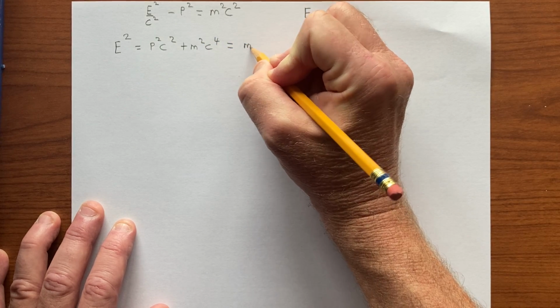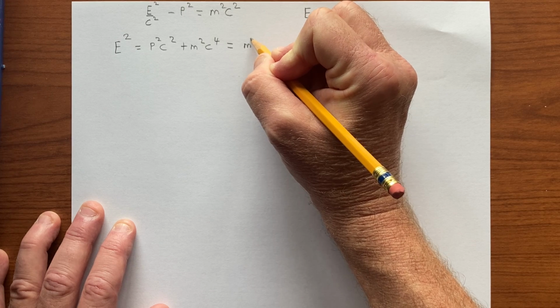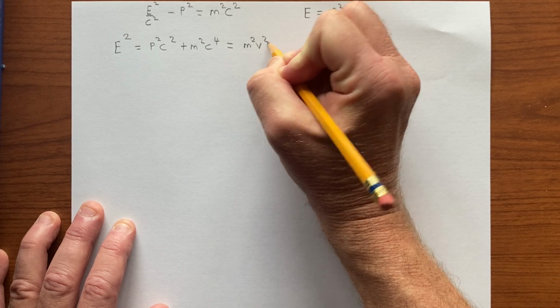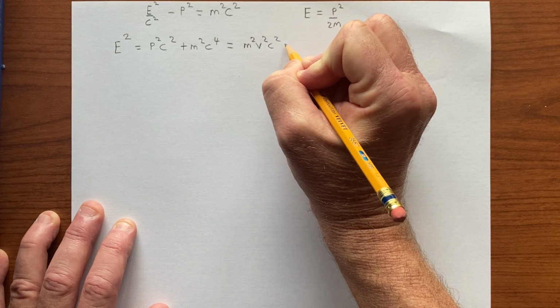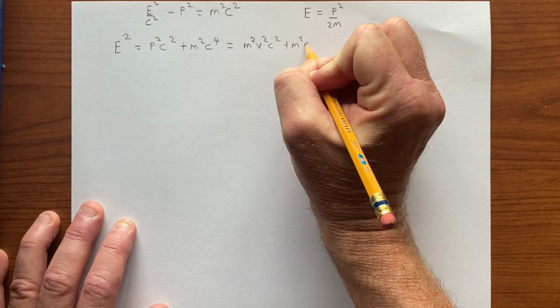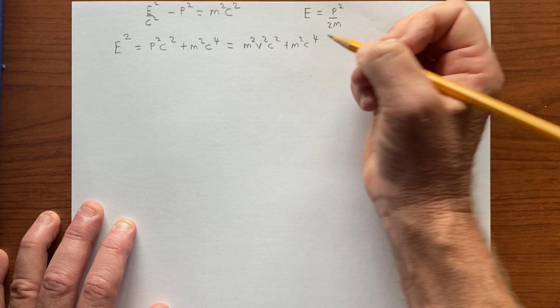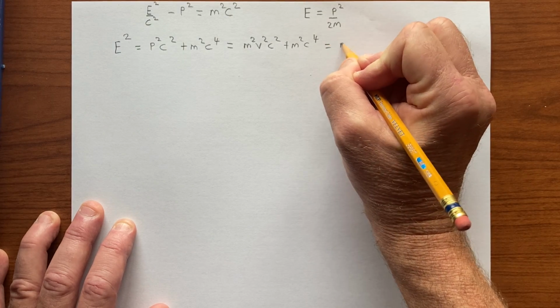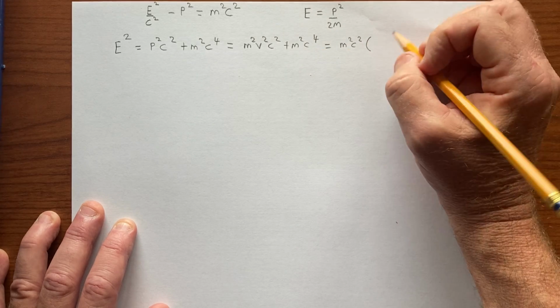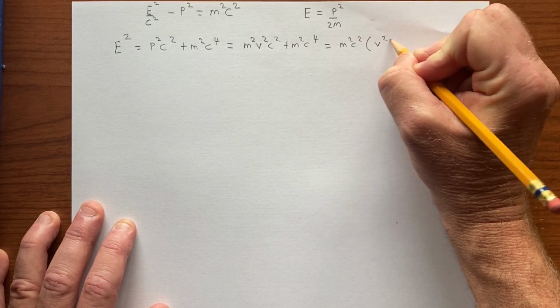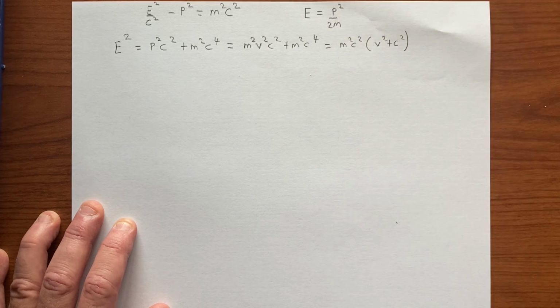We can write p as mv, and so p squared becomes m squared v squared c squared plus m squared c to the fourth. This is m squared c squared, which is a common factor. We can pull that out. It gives us v squared plus c squared.